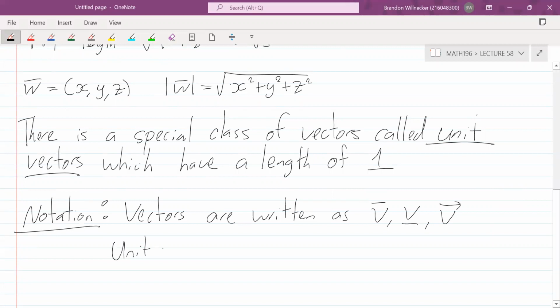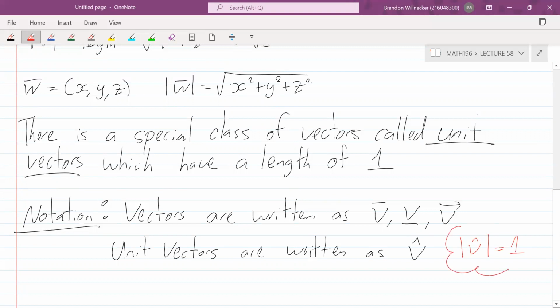Unit vectors are written as V with a little hat. We can read that as V hat, and this means that it has a length of 1. So the length of V hat is always 1. That's how we can quickly identify if a vector has length 1 or not. You put the little hat on, and that means it has length 1.